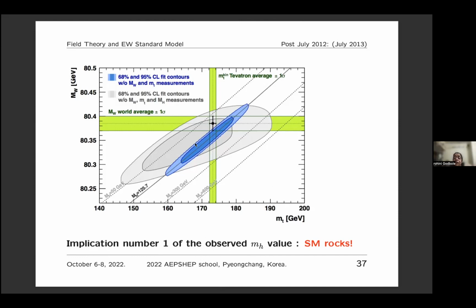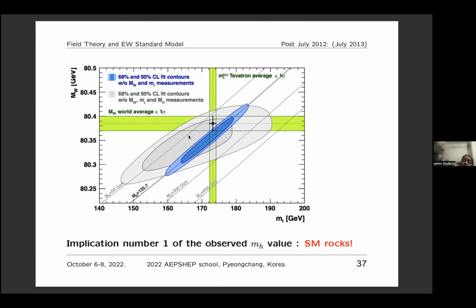Now, when the Higgs was found, you actually made the fits again. So the gray region was without using MW, MT and MH measurements. But now the blue region was when I found the Higgs in July 2012. So let us use the measured value of the Higgs as an input in your fitting.